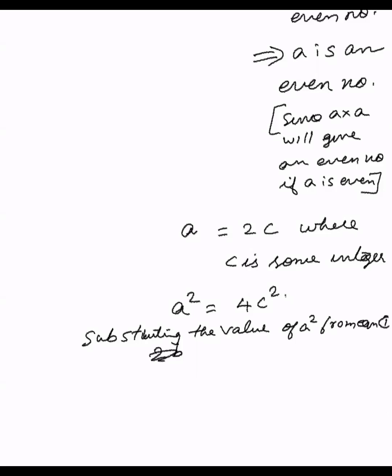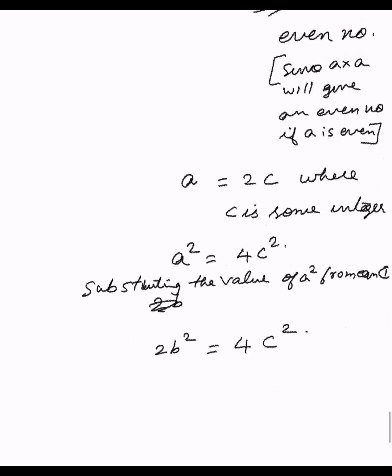So here 2b square equal to 4c square. Understood? Am I getting b square equal to 2c square now? 4 divided by 2 gives me 2c square, right?